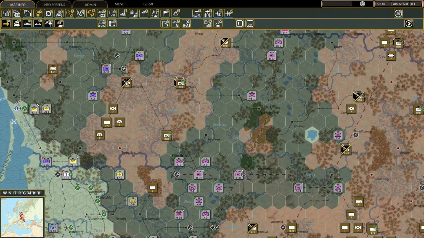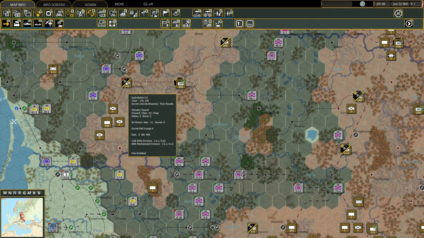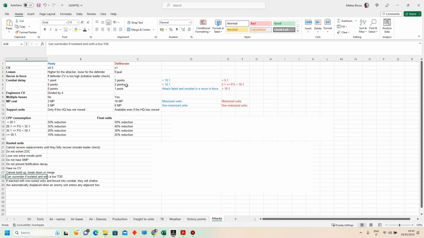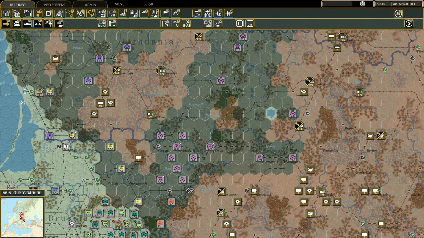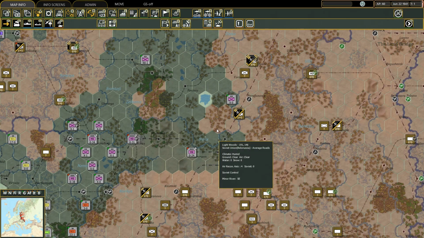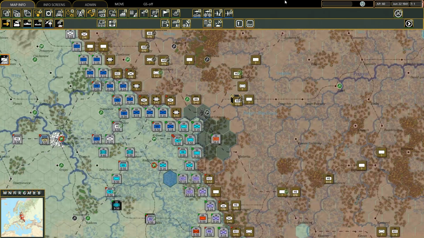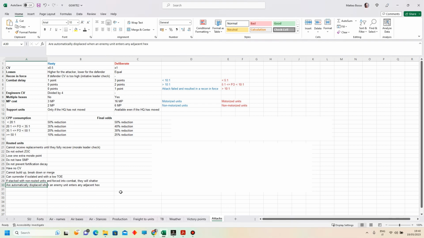If they are stacked, like I think in this case here, and there is a battle going on here, the routed unit will be shattered, will surrender on the next turn. And they are automatically displaced when a unit gets closer to them. And this forced displacement increases the attrition and the TOE reduction on the routed unit.